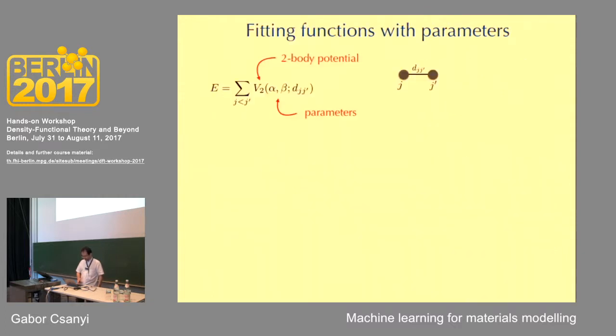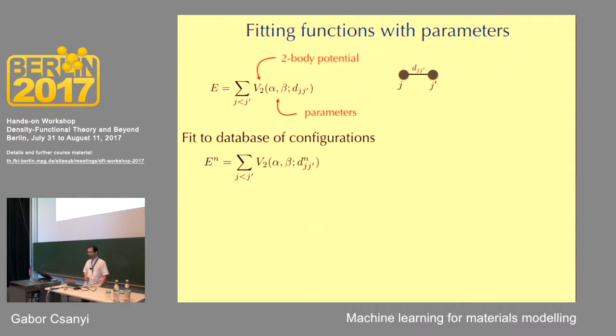Just to get a little bit more mathematical, the way we fit a simple function like a pair potential is that you write the total energy as a sum of a function, I'll call it V2, a pair potential. It has some parameters alpha and beta, and it depends on the distances between atoms j and j prime. And we sum over all pairs.